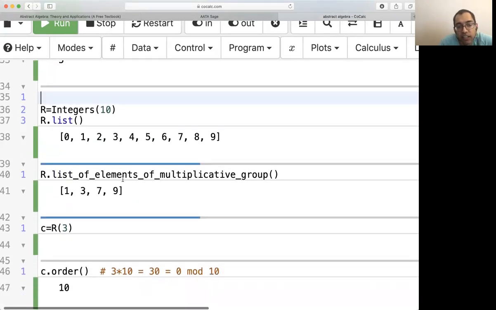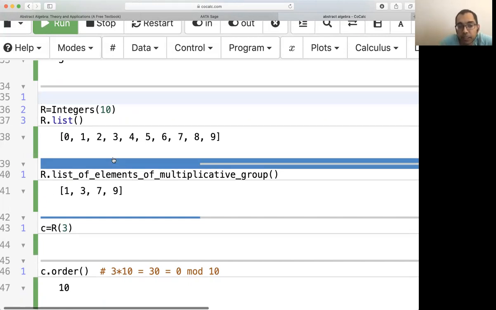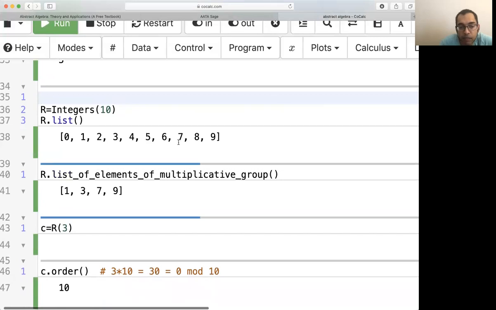And then if I want to list the elements of the multiplicative group of units, there's a specific command, which again, I found by doing r dot and then hitting tab, and it gave me the list of suggestions. And these are 1, 3, 7, and 9. These are the elements that have a GCD of 1 with 10. So for example, 2 is not in here because 2 and 10 don't have a GCD of 1.